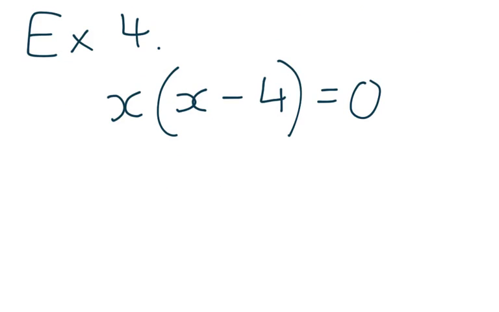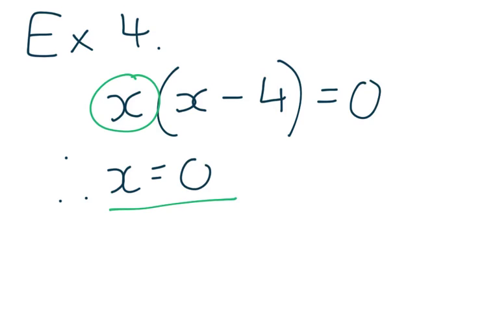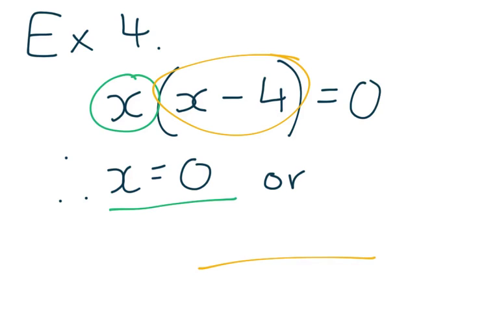Our last example is one like this. Okay, so we have the option of this first x being 0 to make it equal to 0, or we could have the bracket equal to 0. So to make the bracket equal to 0, x has to be 4.